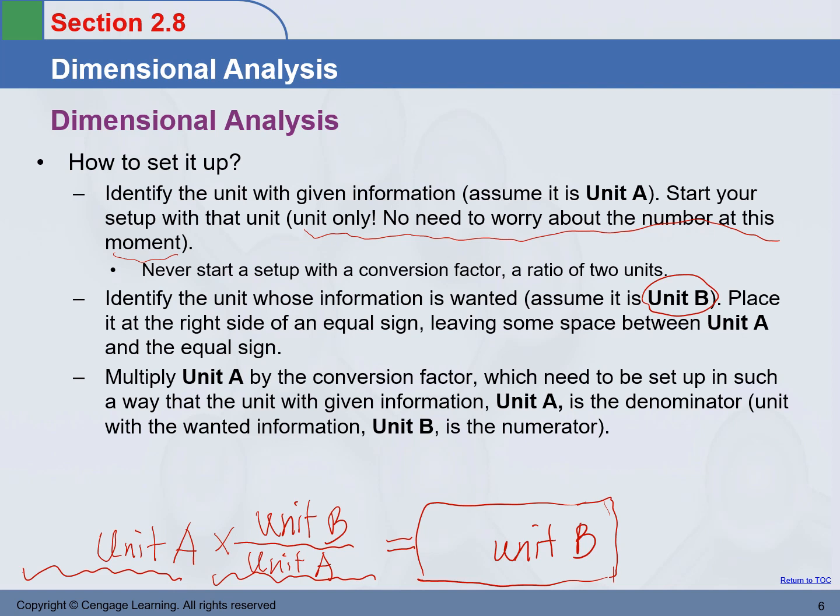You need to put the conversion factor in between in such a way that the unit with wanted information is on the top, and the unit with given information is at the bottom. I'm a little confused, Dr. Yang. What's going on? Don't worry if you are a little confused. Just remember this. When we do the practice, you will understand exactly what they mean.